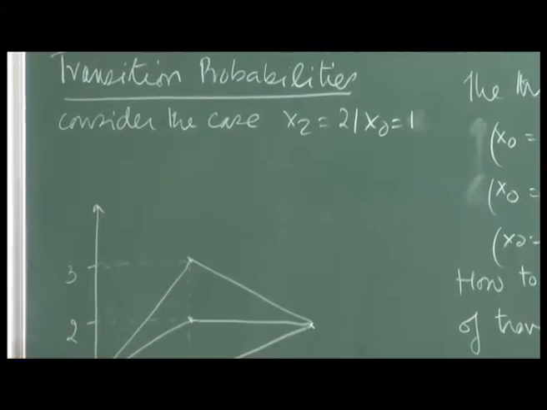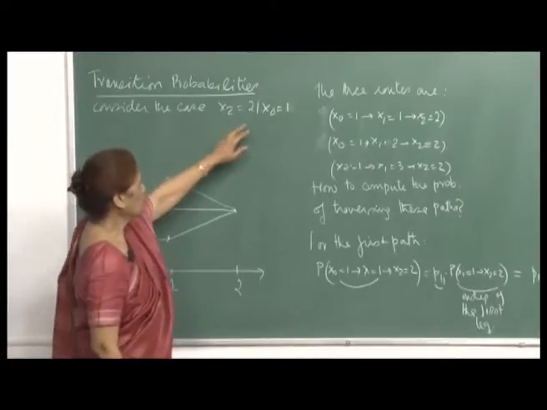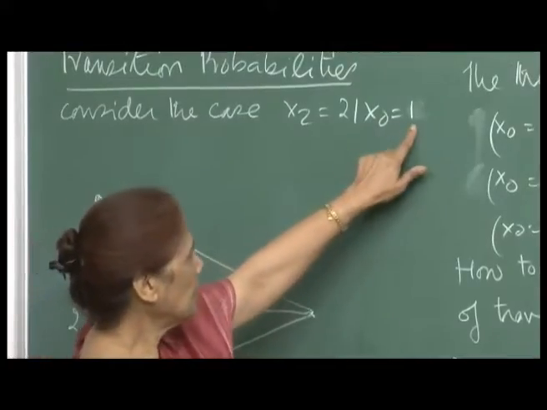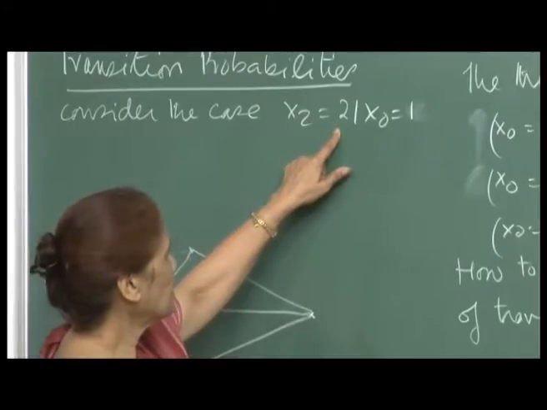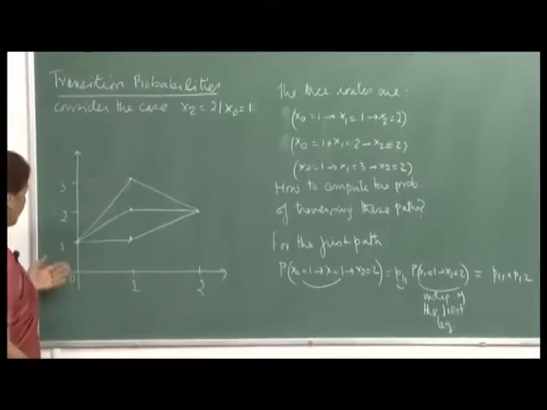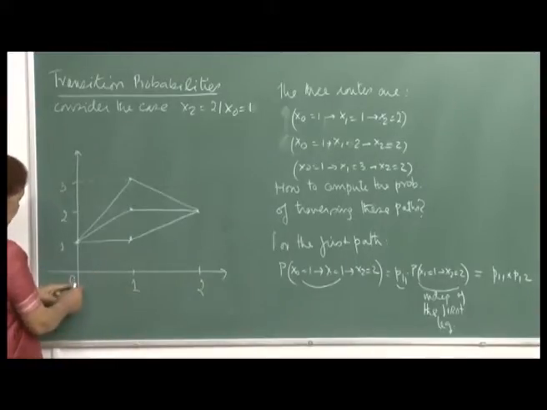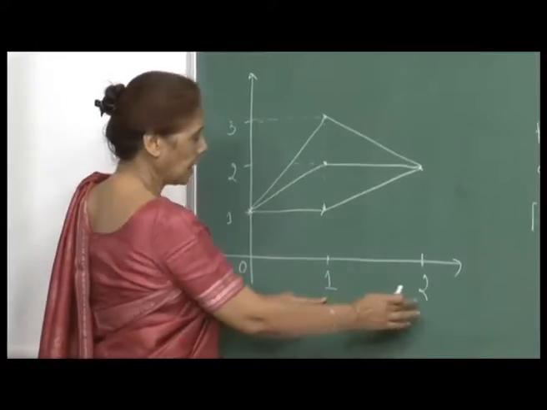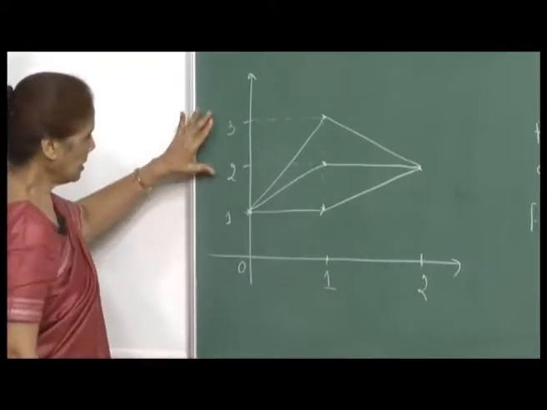So, in that case you see what are the possible routes of transitioning from the initial state of 1 to the state 2 in 2 steps. Of course, the 3 possible paths would be, see, this is time period 0, time period 1, time period 2, and these give you the states.